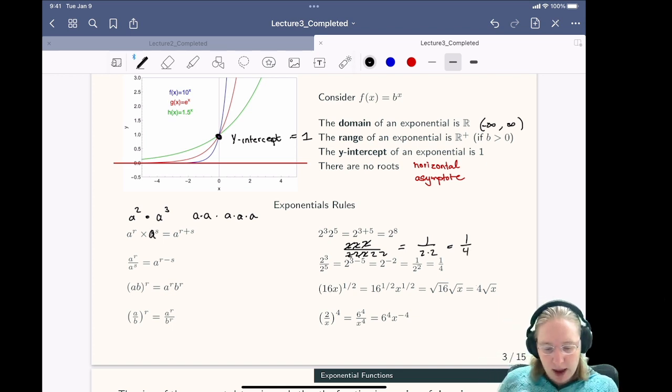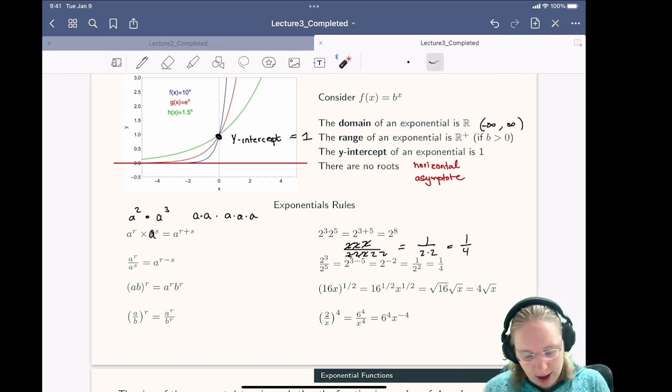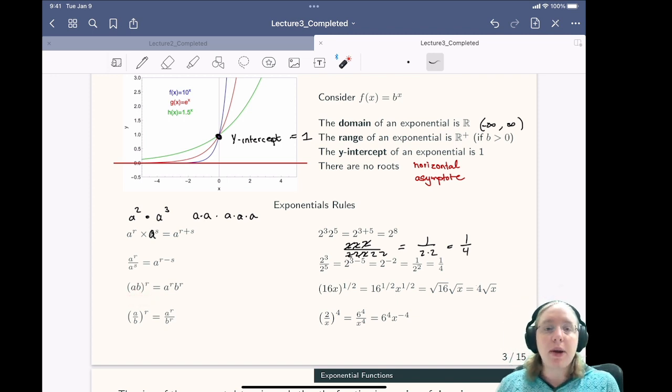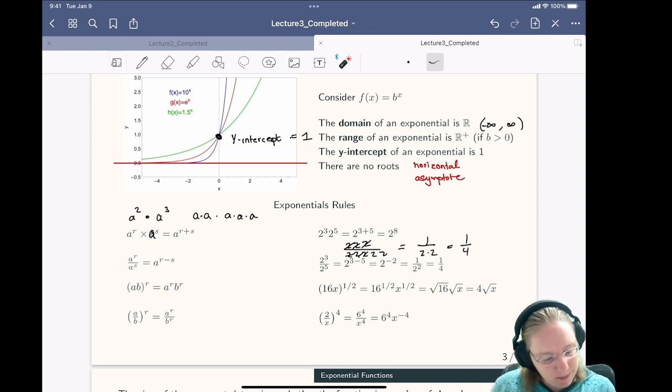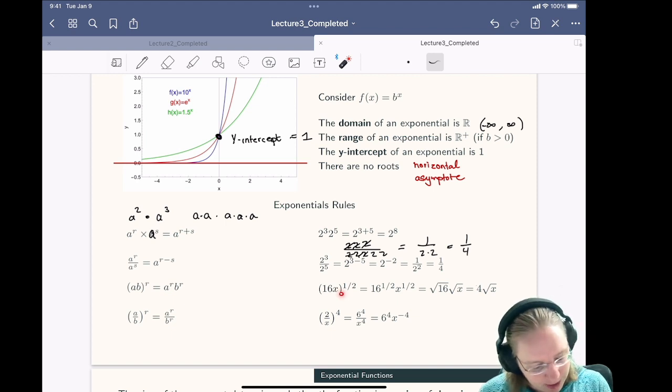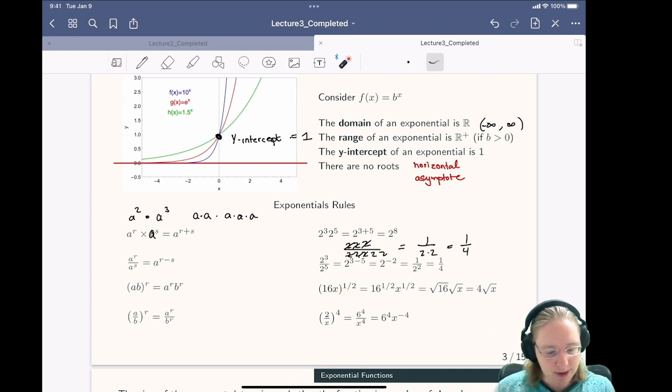All right. Similarly, if we have ab to the r, then we can distribute that exponent r between a and b. So one way of thinking about that is 16x to the 1/2. Remember that if we have a fractional exponent, that this is the same thing as having a root. So in particular, if we have something to the 1/2, that is the same thing as a square root.